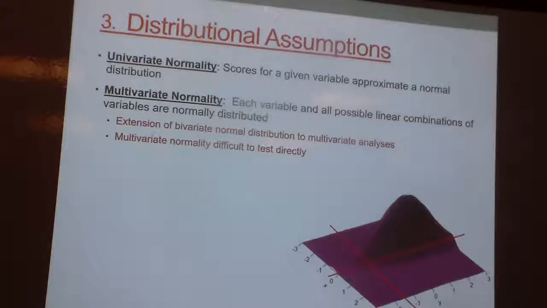Think of this as an extension of the bivariate normal distribution to multidimensional space. This is difficult to test directly, but as we get into practical applications, we'll show you how, if certain conditions are met, we can assume multivariate normality is at least a semi-tenable assumption.